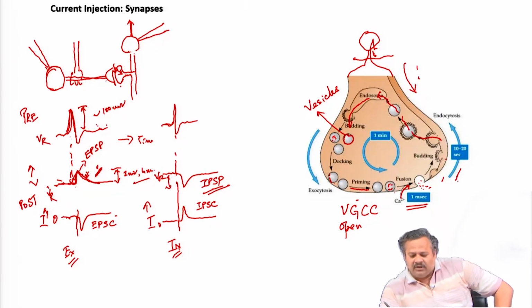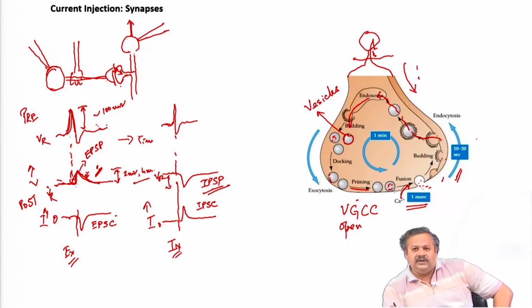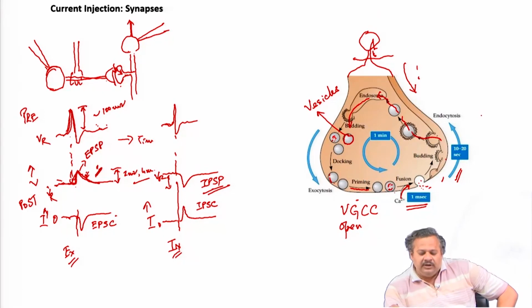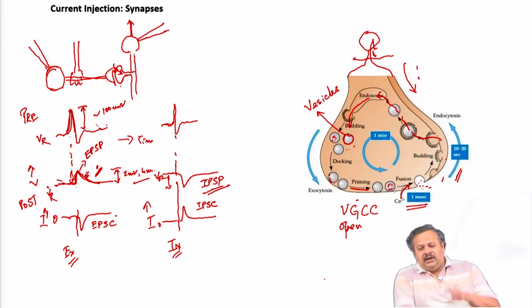This process of endocytosis is of the scale of seconds, and so the overall process is of the scale of minutes. So, depending on how much neurotransmitter is available in the presynaptic side, we may or may not get release of neurotransmitter, or may get a lower or larger amount of neurotransmitter released in the synaptic cleft.